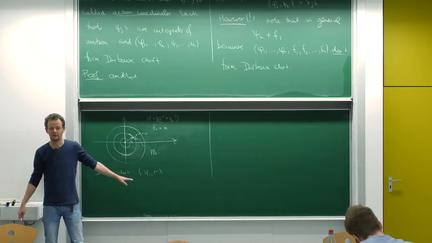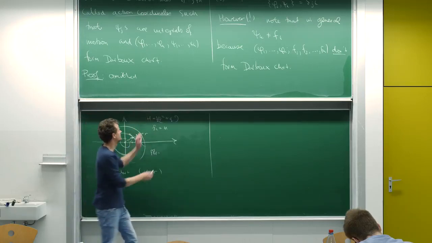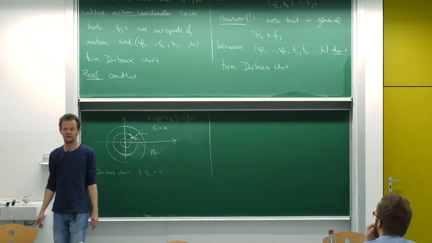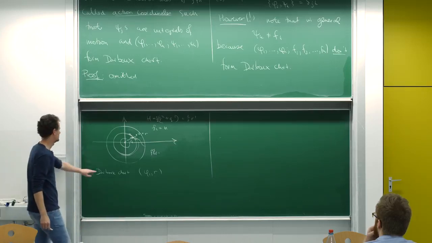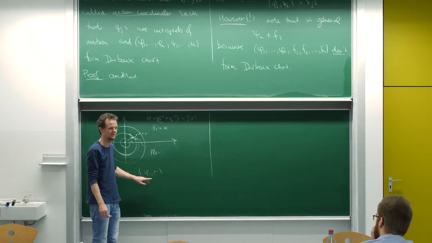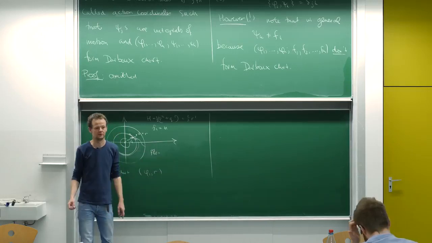Note already at the level of a harmonic oscillator, this is half r squared, that the action angle variables, or angle action variables, are not the same as the first integral.